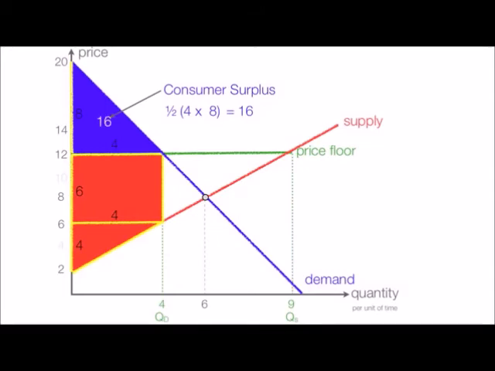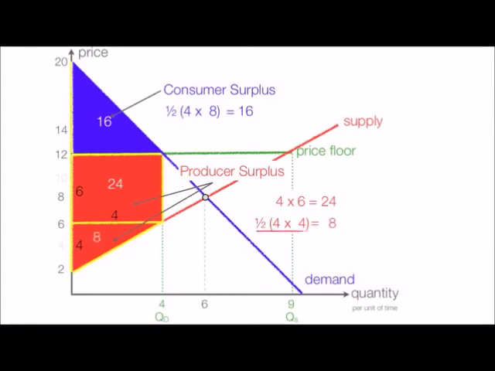Producer surplus is the two red areas, the red rectangle and the red triangle right there. So the area of the rectangle is 4 times 6, which is 24. The area of the triangle is 1/2 times base times the height, which is 8.